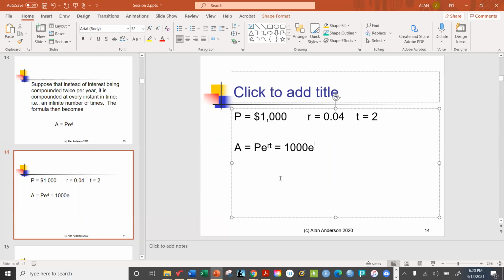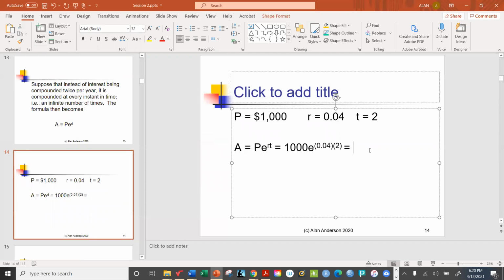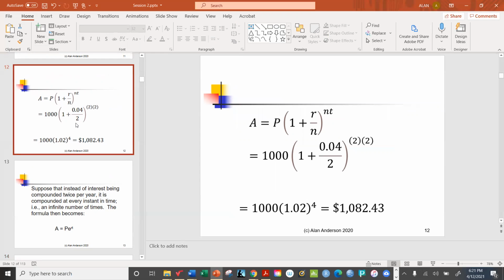So 1,000 times e raised to the 0.04 times 2 power. When you multiply that on your calculator, it's slightly more: 1,083.29, compared to before when it was 1,082.43.